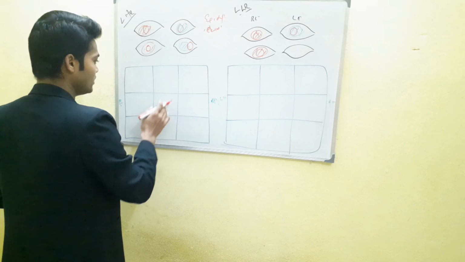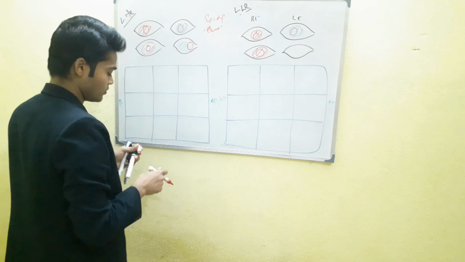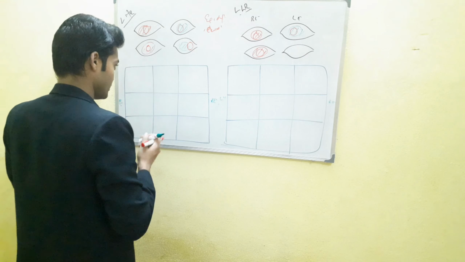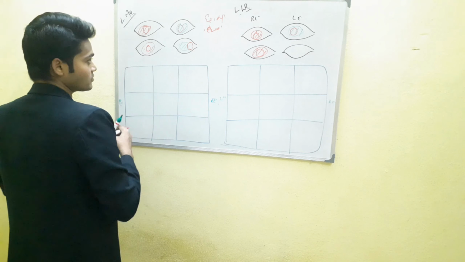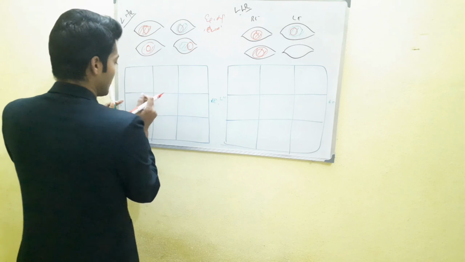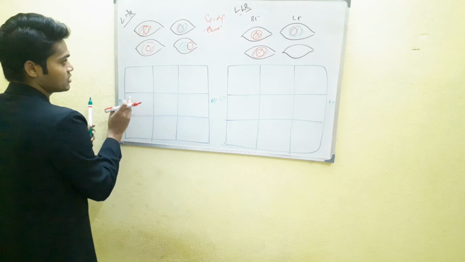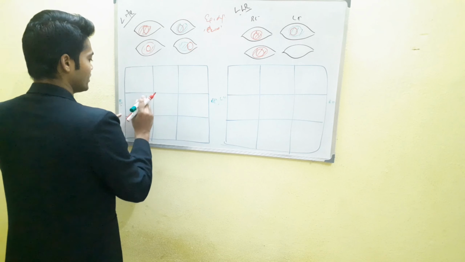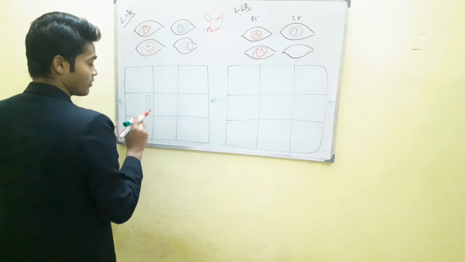So we simply draw it here. What actually happened? This is right, this is left, and in each quadrant this part is right and this part is left. The image is changed, meaning the left part image comes here.